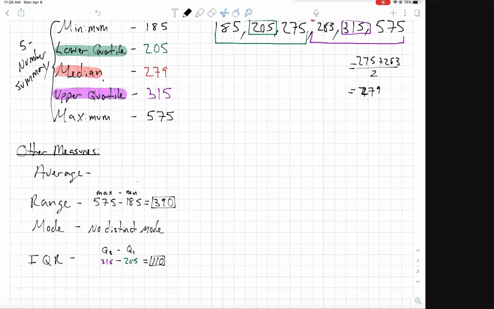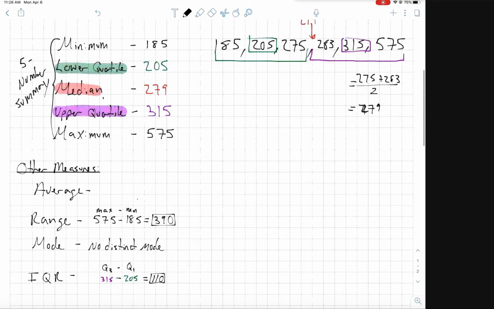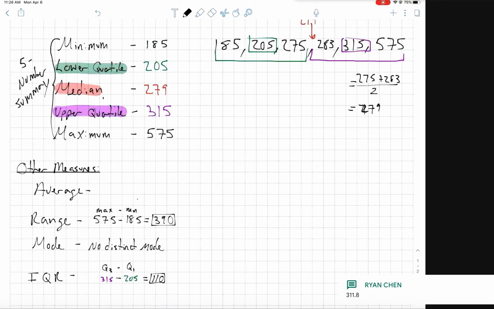Is anyone able to calculate the average of this data set? $311.8. Do we agree with that? Can we get a confirmation that that's what someone else got as well?